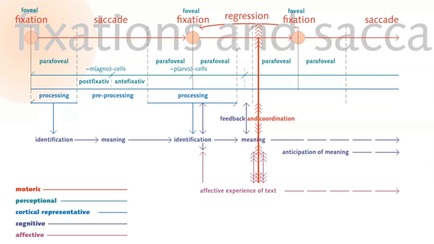If letter spacing is irregular, the choice is not optimal and regression saccades are caused. If there are more than 10% of regression saccades, reading is unconsciously stopped and only continued with great reluctance.